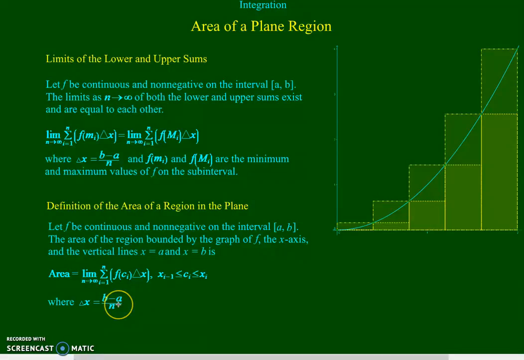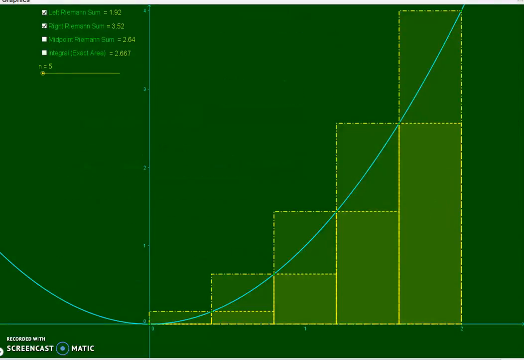Now I wanted to show one more visual so that we can get a really firm grasp on this idea of finding the area of the region under a curve. Here is another picture, and this is very similar to what we had before.